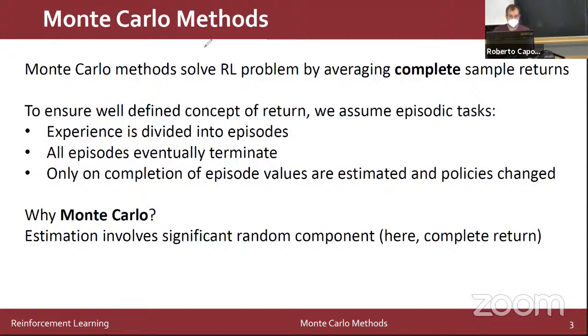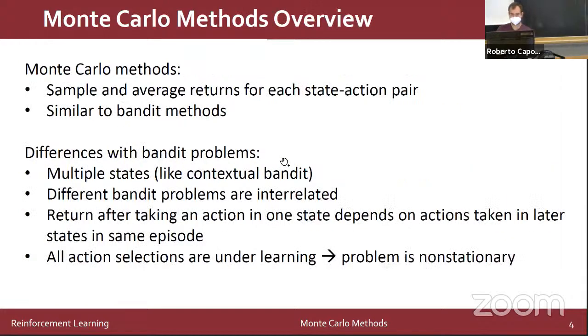Let's move forward. I have given you already this explanation by stating a similarity with bandit methods. There are significant differences here. In bandit methods, we have said that there are just single states.